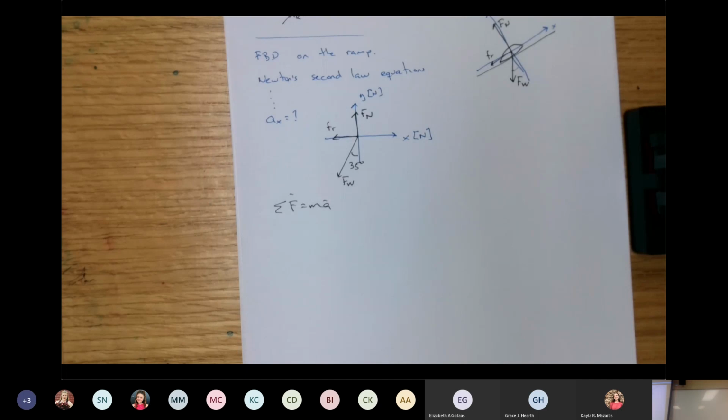So here, be careful because the weight has some y components and x components. So it's not going to be just like that. Or the normal, yeah. Okay. That's for x.